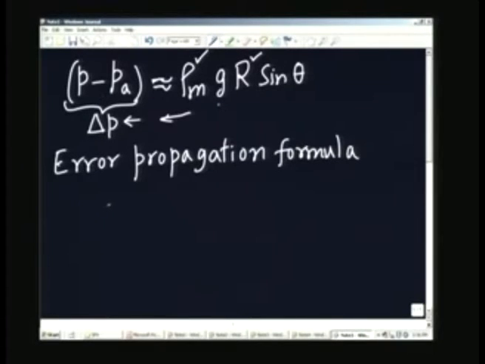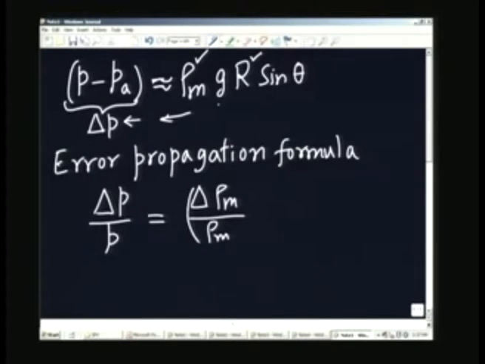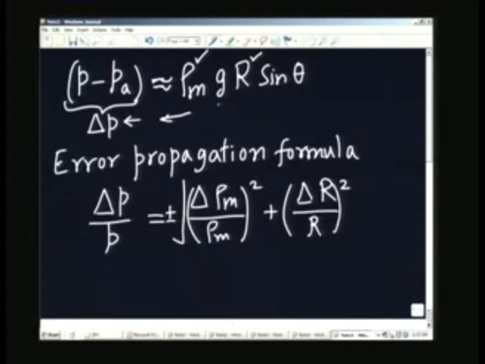So, if you write the error propagation formula, delta p, which can be obtained by simply logarithmic differentiation, because this is in the form of a product of quantities. So, this becomes plus or minus under square root of delta rho m by rho m whole squared plus delta r by r whole squared.